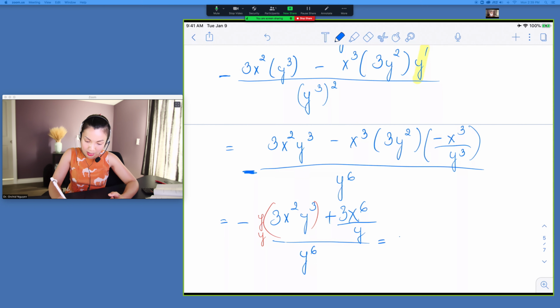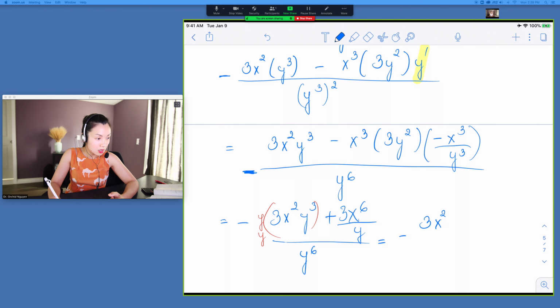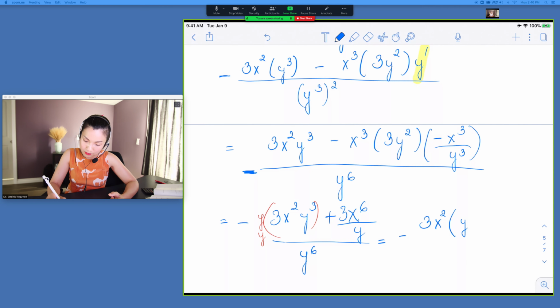I ended up with negative 3x squared y to the 4th plus x to the 6th power, and on the bottom we have y to the 7th.